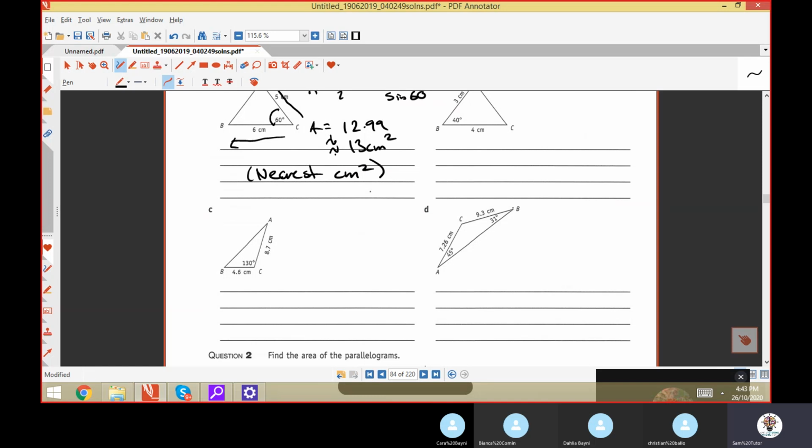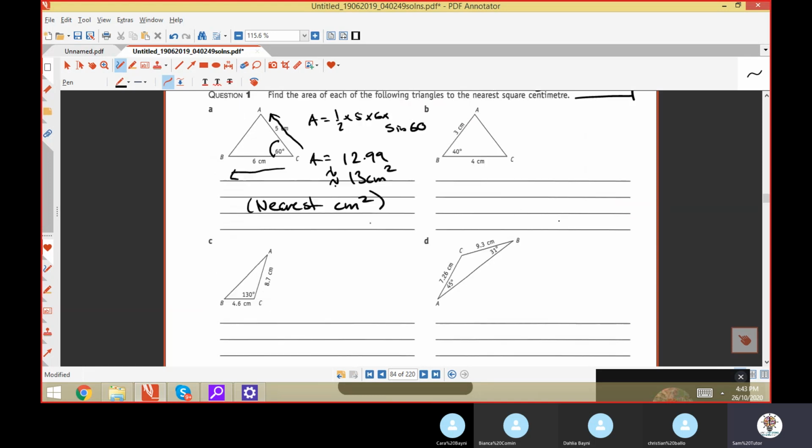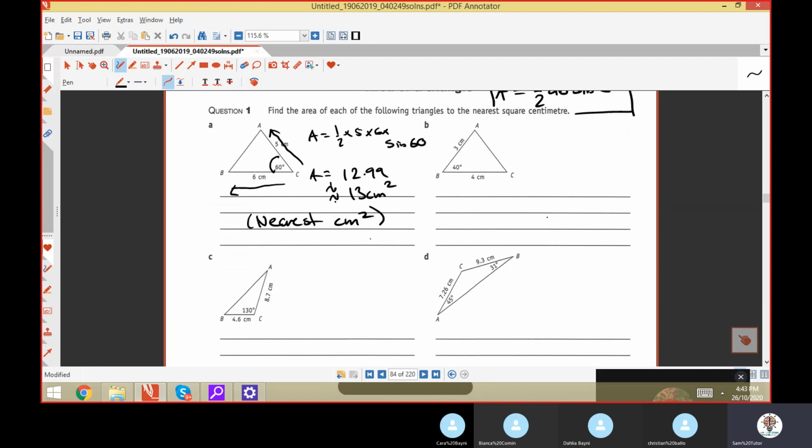The next page is a new formula, this one here. D is an interesting question. I recommend everyone do that, but A, B, and C are pretty much the same thing.